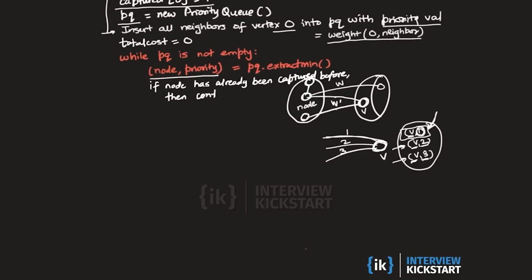We just continue. This is like a no-op. We drop that edge and we go back to the beginning of the while loop and extract the next entry from the priority queue. So when we come here, we know that the node is being extracted for the first time, and so we set the captured value of node to be equal to 1 here.